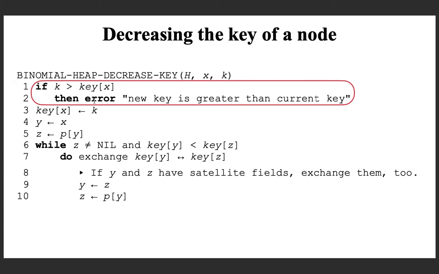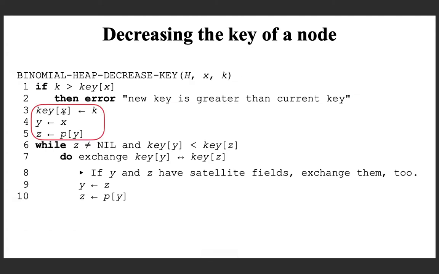So you say it's an error, it's not a value that you need. After that, you make the value of x as k, and you make y point to the present node x, and z point to its parent. And after that, what we did is, until z becomes nil, or the key at the present node is less than the key at the root node.